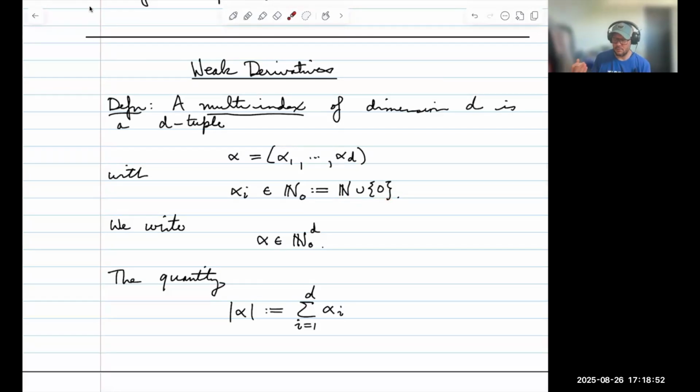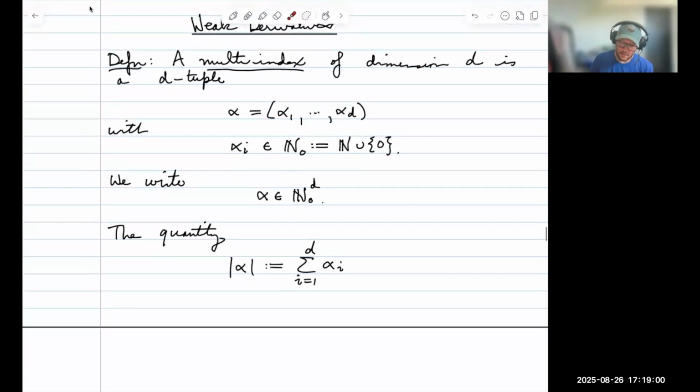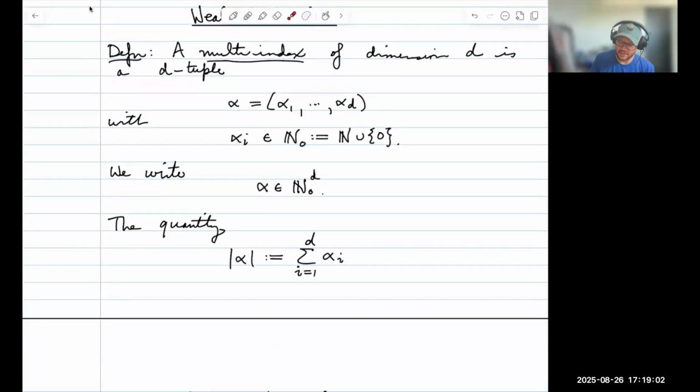So it could be 0, 1, it could be 2, etc. So it's the counting numbers plus I'm adding in 0. Usually the counting numbers simply means 1, 2, 3. And so my notation for the counting numbers plus 0 is just N sub 0. So I'll sometimes write it like this.